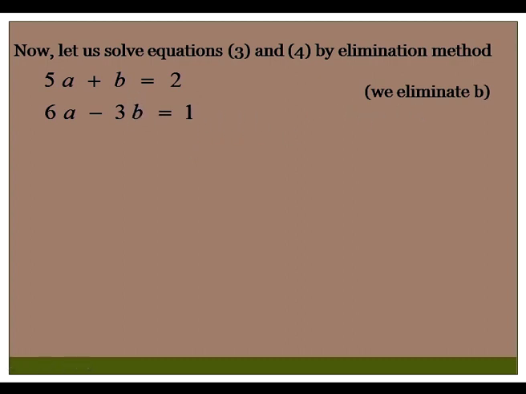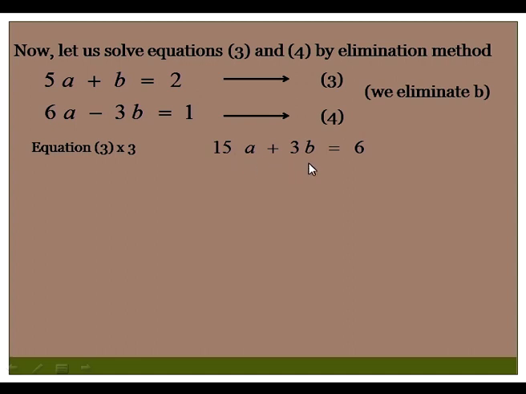Now what do we observe? We observe the coefficient of b in equation 3 is plus 1 and in equation 4 it is minus 3. So let us multiply equation 3 with 3. We get 15a + 3b = 6, and multiplying equation 4 with 1 we get 6a - 3b = 1.